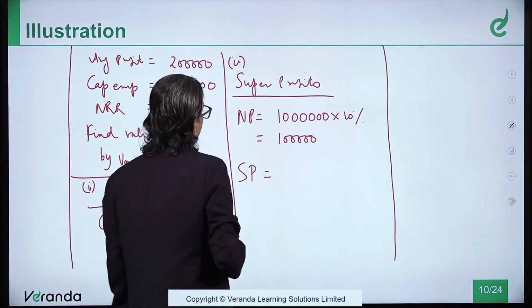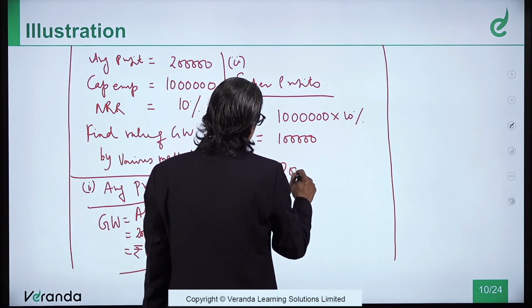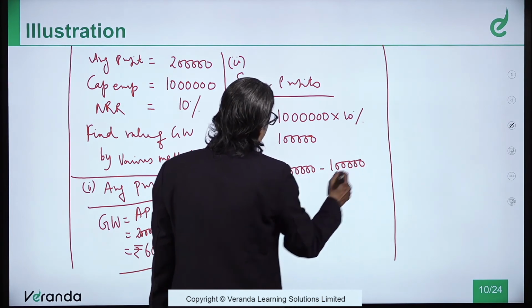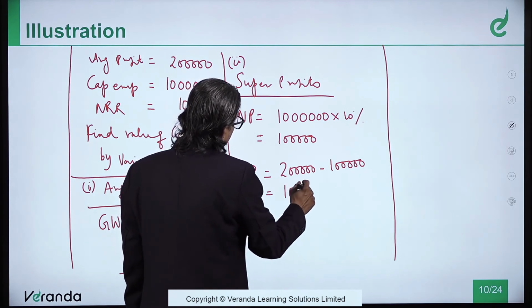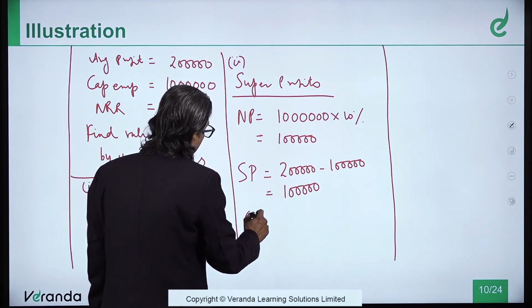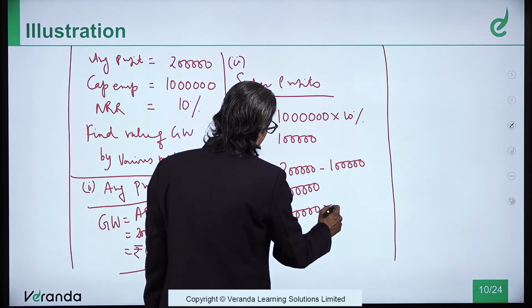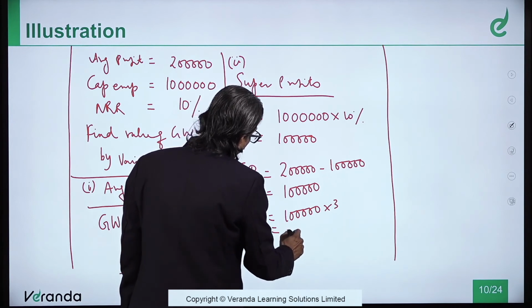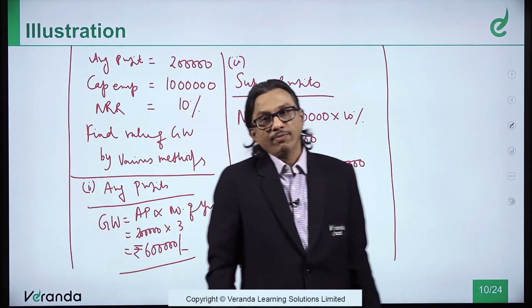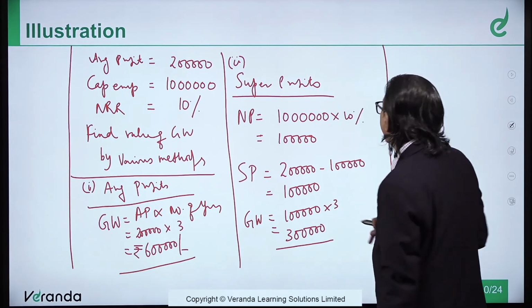Super profit is equal to average minus normal. Average is 2 lakhs, normal is 1 lakh, therefore the super profit is 1 lakh. Suppose if number of years is 3, goodwill is equal to 1 lakh into 3, that is equal to 3 lakhs. See the same problem. By average profit method it is 6 lakh. By super profit method it is 3 lakh.